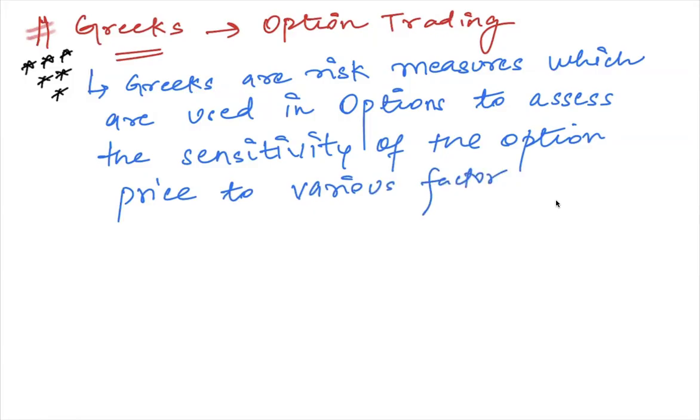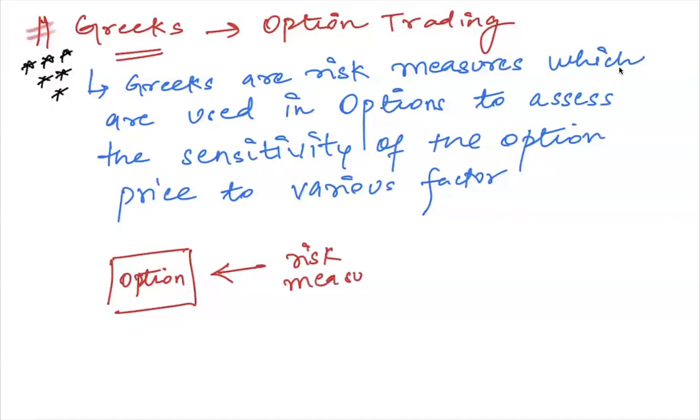In the previous lecture, we spoke about what an option is, what a call option is, what a put option is. Now, there are certain factors which definitely affect the price of the option, right? So let's say this is your option contract. If you want to understand the risk measures in this option, that's where you'll use Greeks.